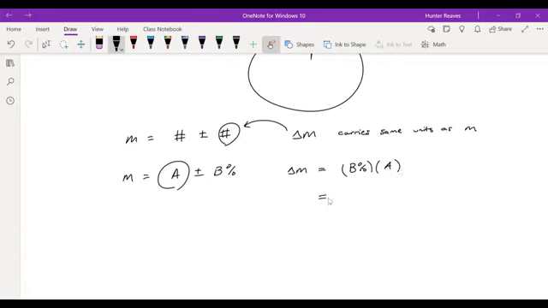To represent b percent, you want to take the value of b and multiply it by 0.01, right? That's what percent means. So you're representing that percent as a decimal, and then multiplying by the actual value that is. So for example, if I had 1.766 plus or minus, let's say, 14%.